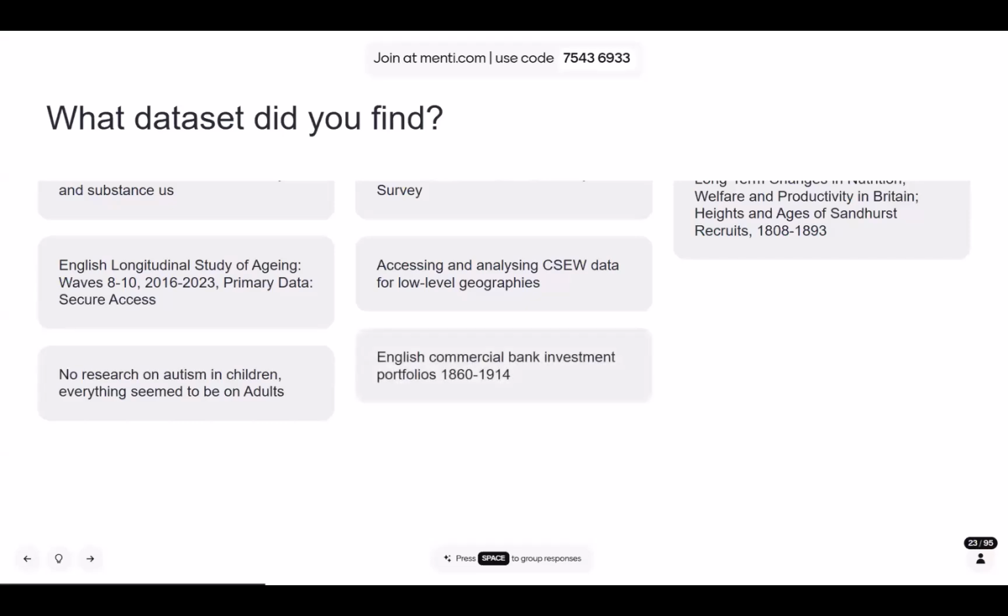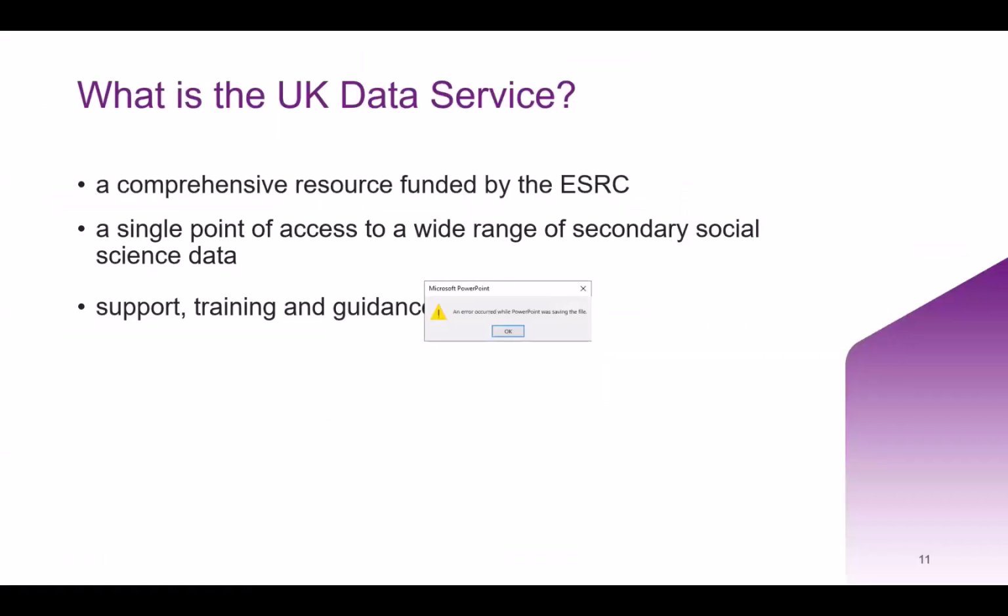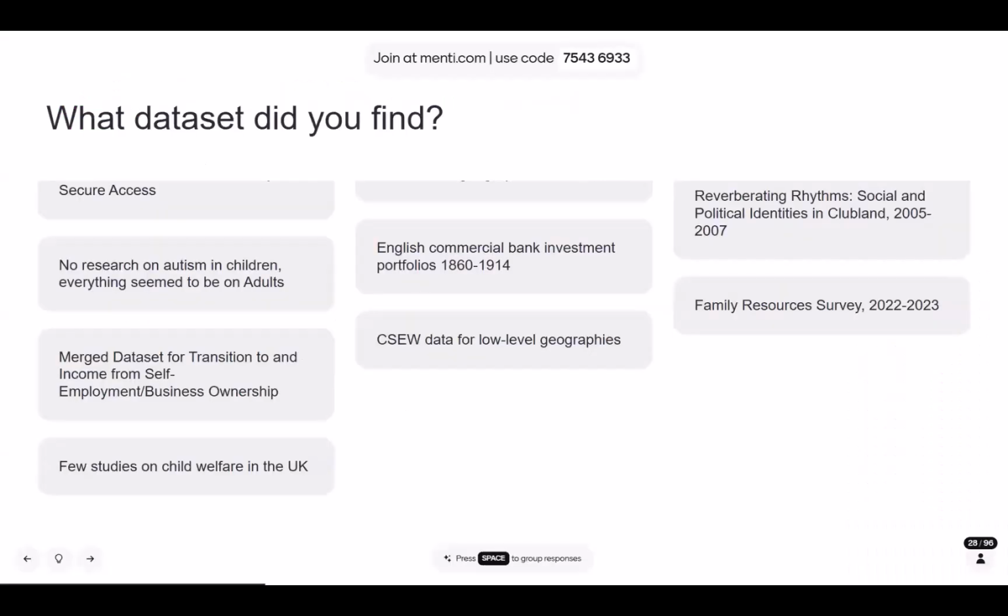So if you're interested in research with children, there are a couple of studies on research with children with autism. For the person looking for that, you may need to have a much broader topic that you're looking for, but I do know there are a couple of qualitative data sets on children with autism.